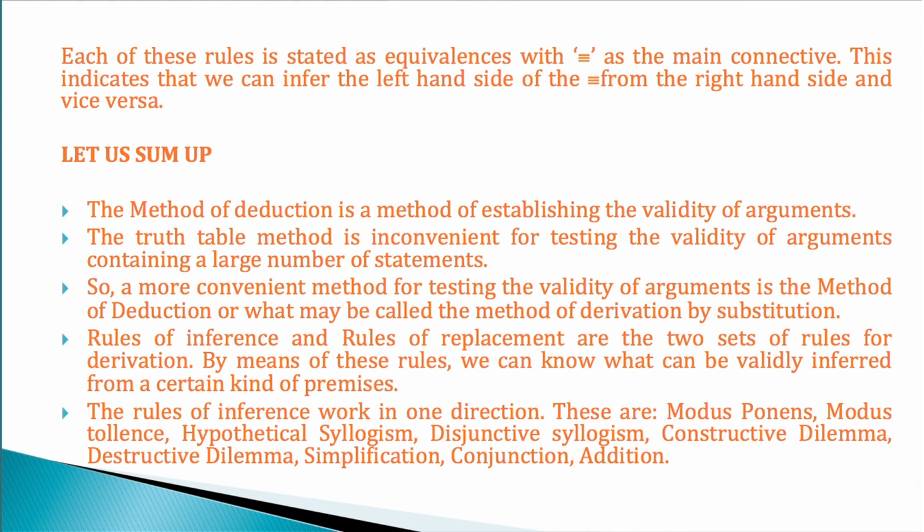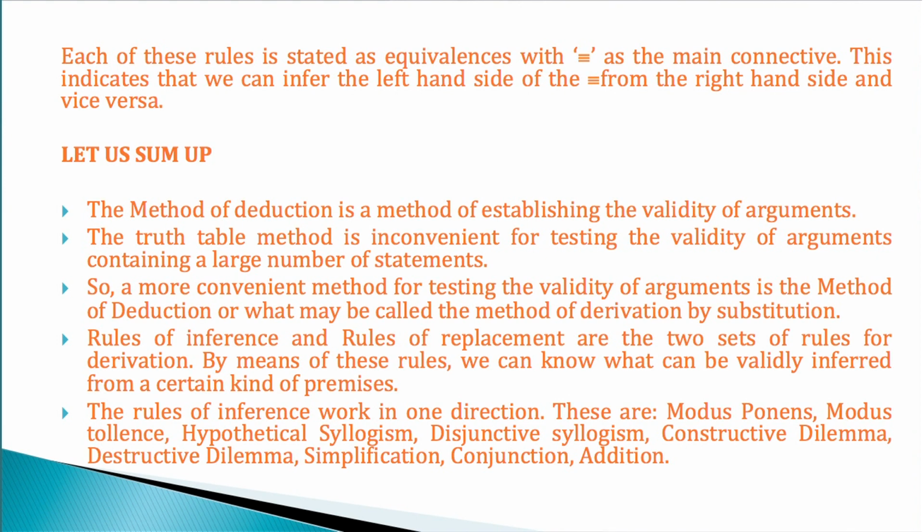A more convenient method for testing the validity of arguments is the method of deduction, or what may be called the method of derivation by substitution. Rules of inference and rules of replacement are the two sets of rules for derivation. By means of these rules, we can know what can be validly inferred from a certain kind of premises.